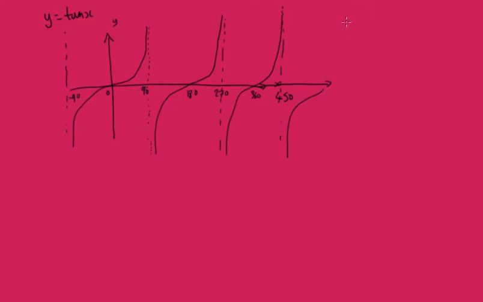It repeats, it's got a period, this time of 180 or pi radians. The dashed lines at plus or minus 90, 270 and 450 degrees are asymptotes.